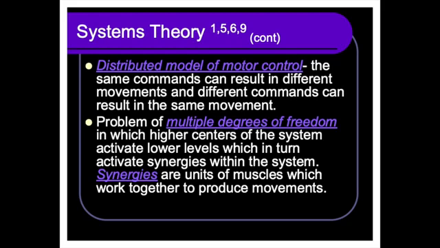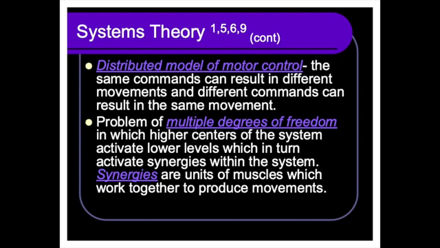So the distributed model of motor control actually makes this assertion that the same command can result in very different movement behaviors, and different commands can actually result in very similar behaviors. So that's the first idea that's very unique and new when we think about systems theory.